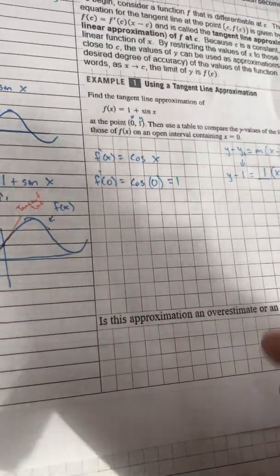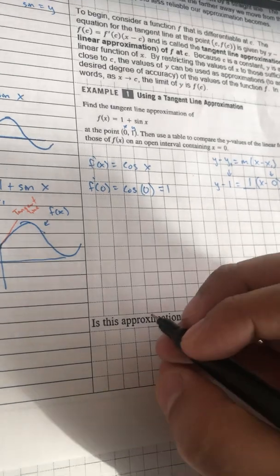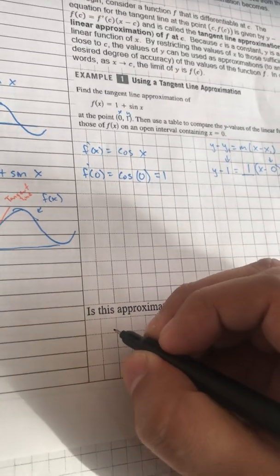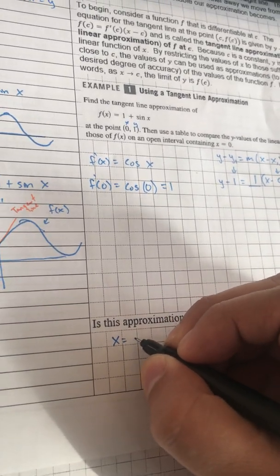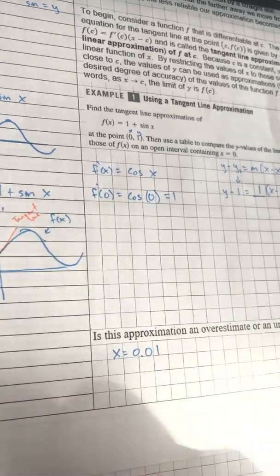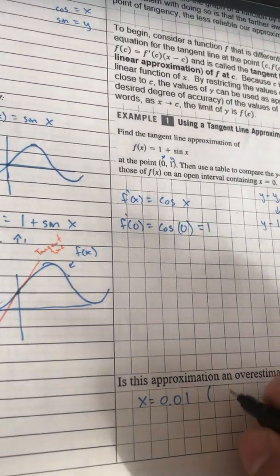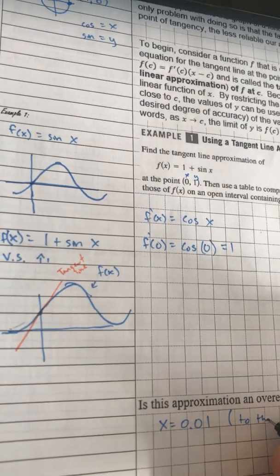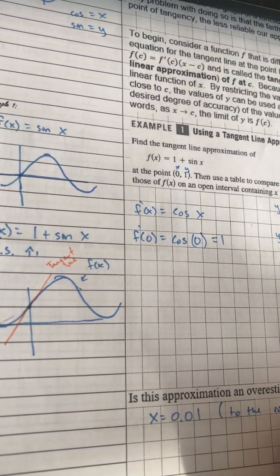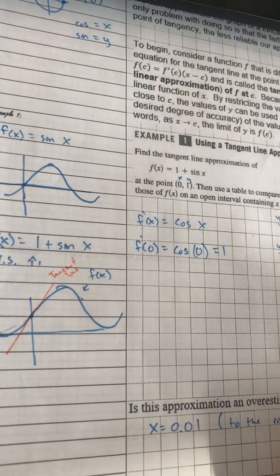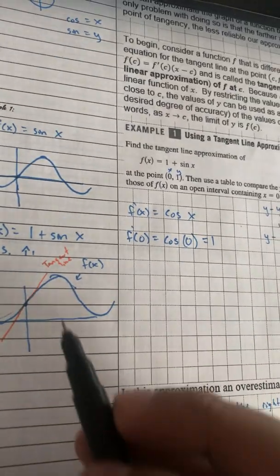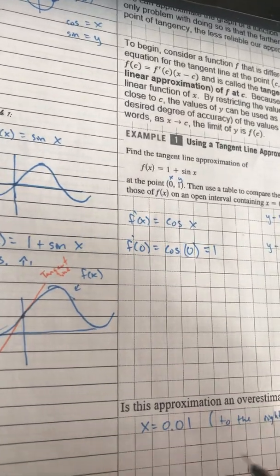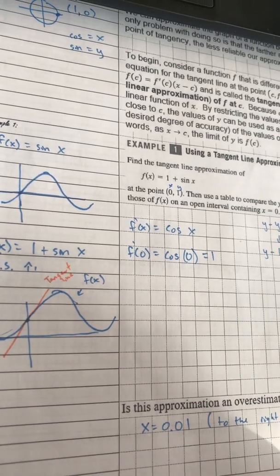So instead of writing that, let's just do one example. If I'm trying to approximate x is equal to 0.01, that is to the right of 0. So what does that mean about our tangent line?